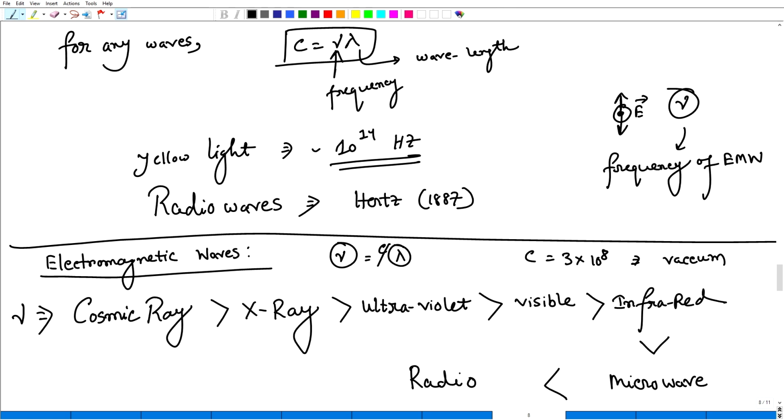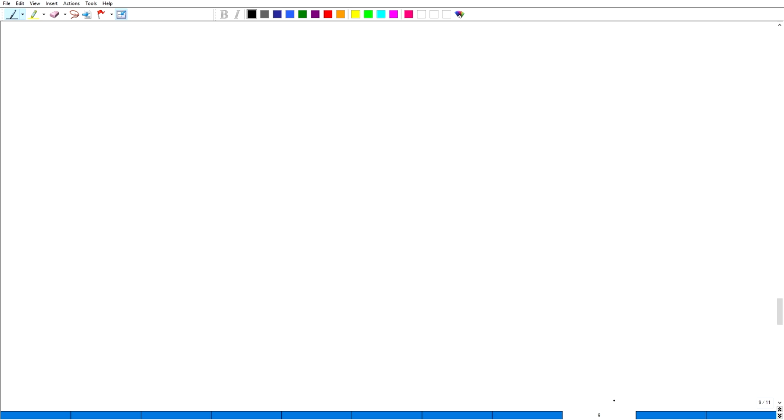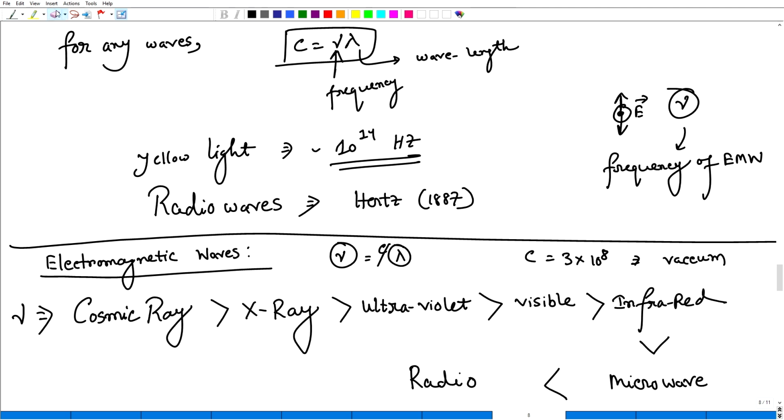In detail we can write here, that is drawn in the NCERT book as well, so I am just writing it. For cosmic ray, the frequency is around 10 to the power 30 hertz.